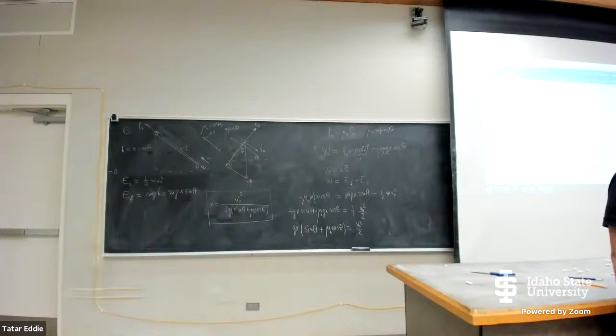Going back to chapters 6 and 7, I'm having a hard time just remembering what all of the symbols stand for. So P stands for momentum, right? Yes, P is momentum.